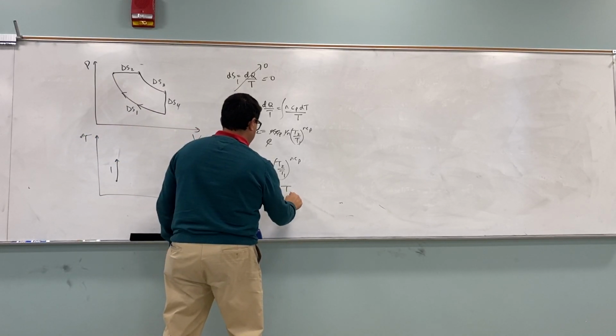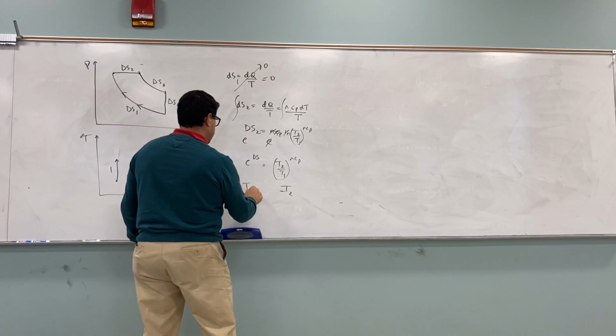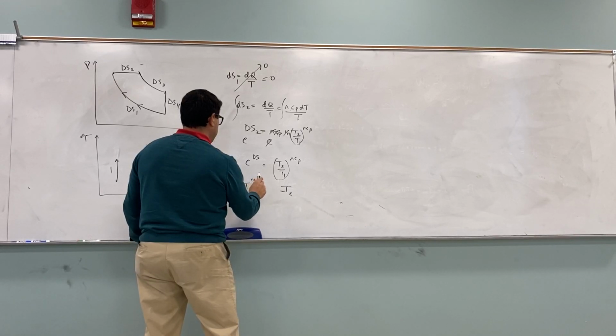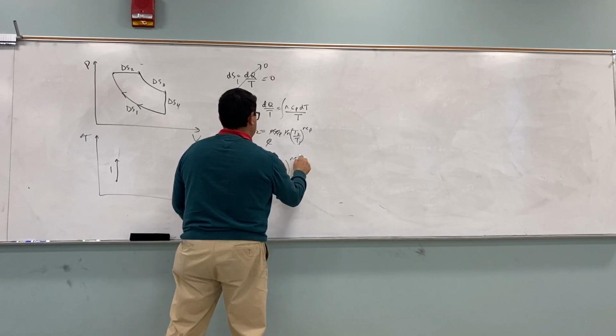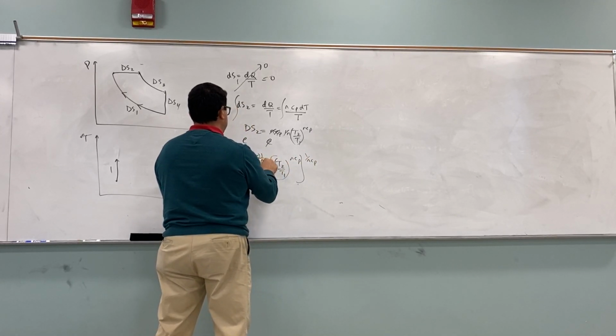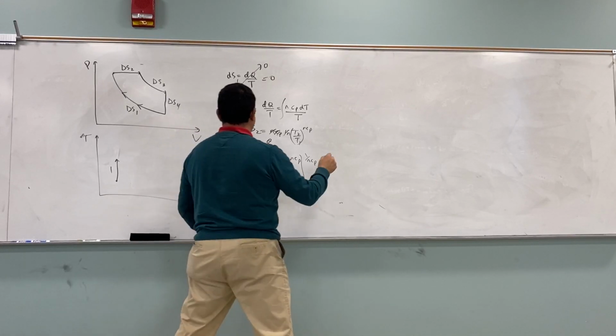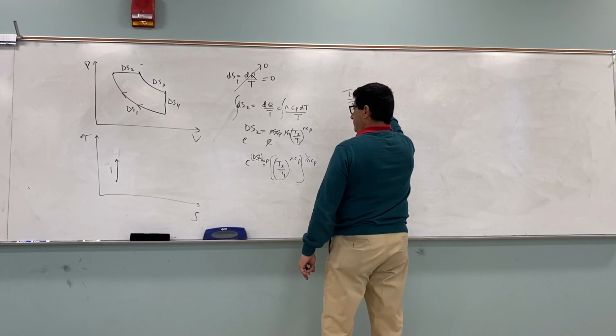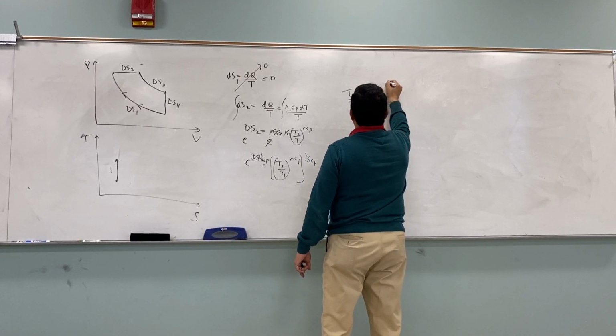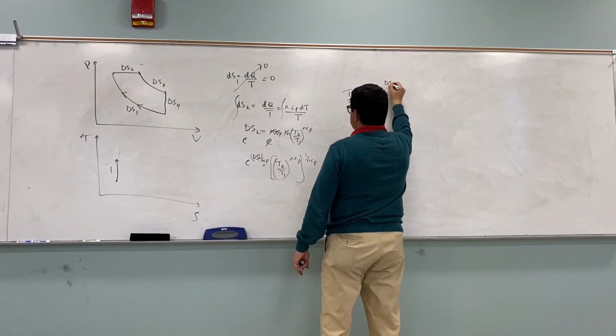Then you have T2 over T1 is equal to e to the delta S over N Cp.